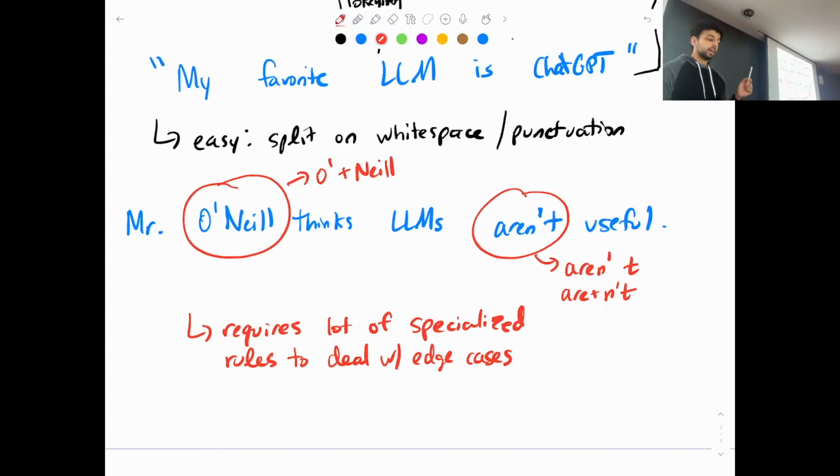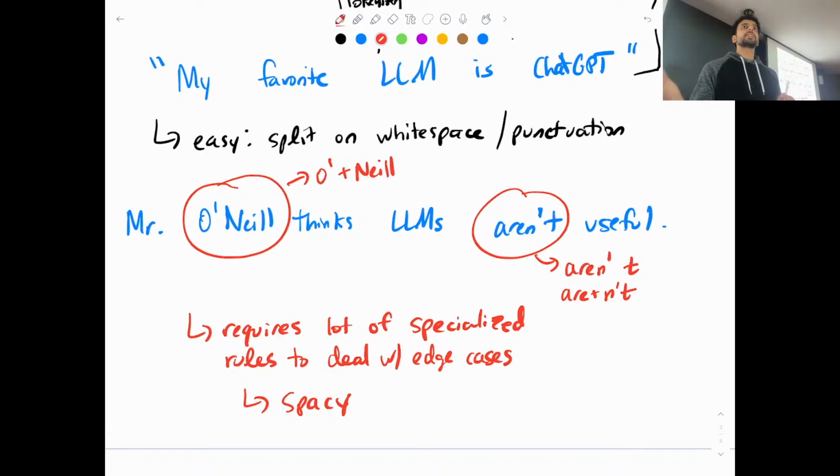For some of these rules, you may need syntactic parses of the sentences. You might need part of speech information, named entity recognition. So there are a lot of potential building blocks here. Some of these kinds of rule-based tokenizers are implemented in a library called spaCy. So if you're ever interested in using them, you can check it out.